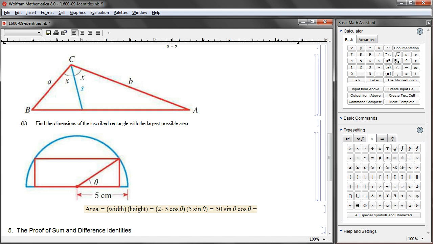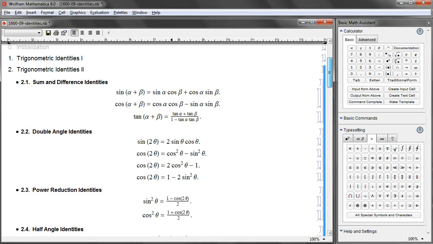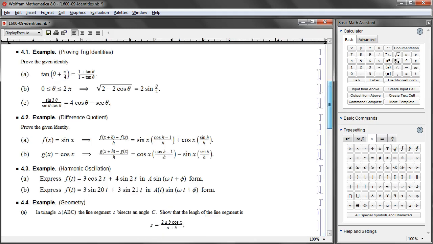Now, please recognize that we are doing the double angle formula here in this set, and we have sine of theta times cosine of theta. So my suggestion is to use the double angle formula here. What is the double angle formula? Here it is. Sine of 2 theta is equal to 2 sine of theta times cosine of theta. So what do we get?